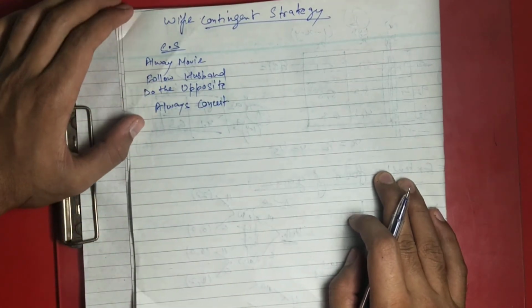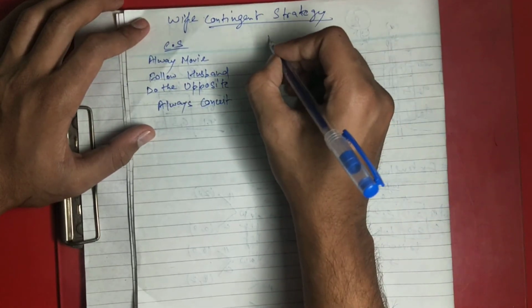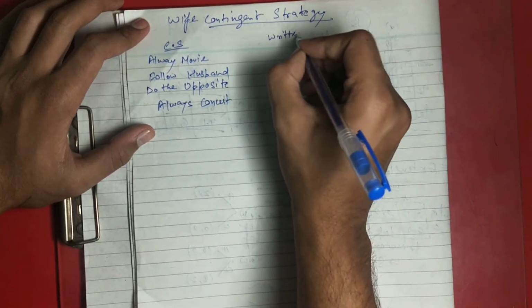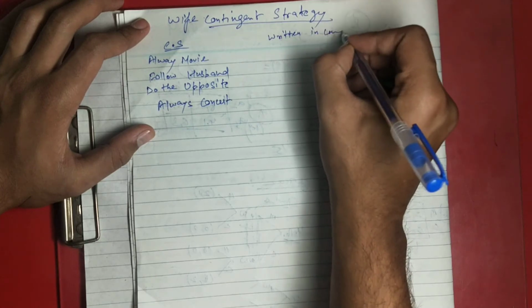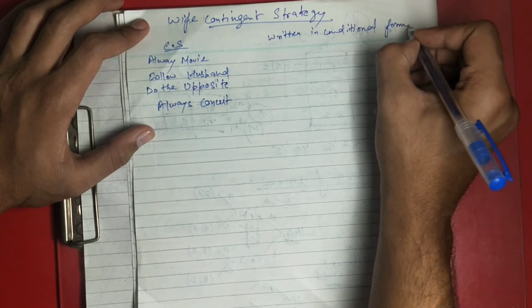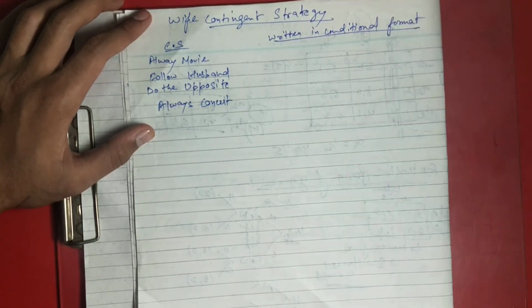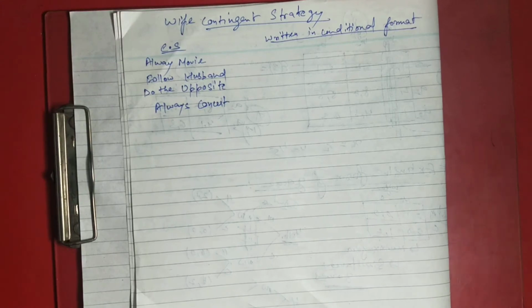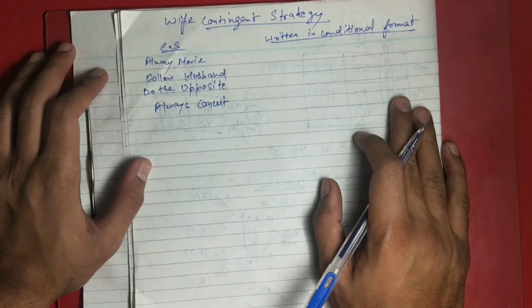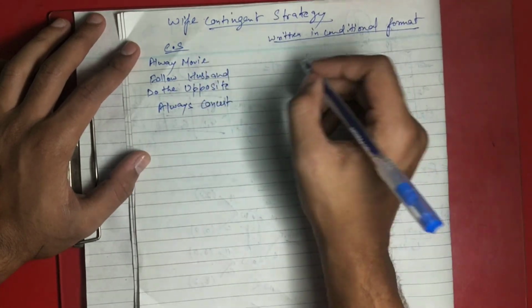Now I have to write this in conditional format. So if wife chooses always movie, whatever the husband chooses, there can be only two cases here.